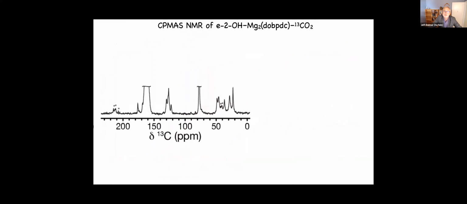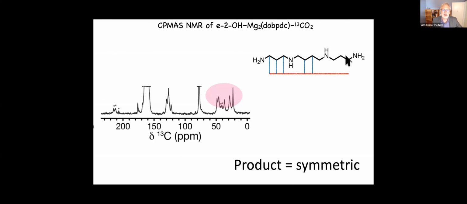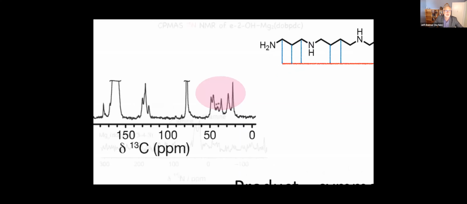So how do we know what's there with the magnesium MOF? Well, let's take a look at carbon-13 NMR of this particular MOF with this particular tetraamine. And even though the peaks are different heights, they are the same area, which tells us then that the product that's formed in the carbamate chemistry is symmetric.